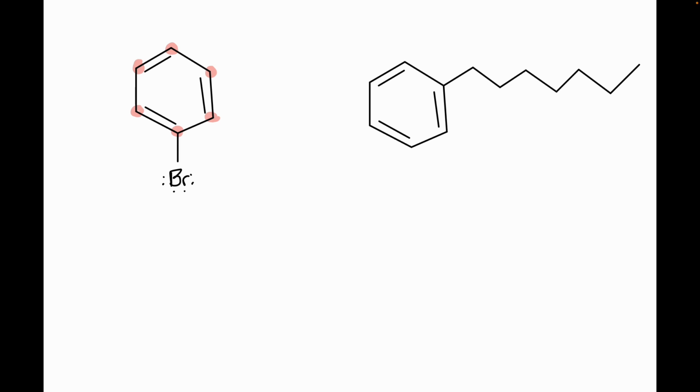Then we're going to find and name our substituents. Bromine we would call a bromo group. The cooler of all the substituent names for sure. There's only one of them, so we're not going to bother putting any numbering in the name. This would just be bromobenzene.